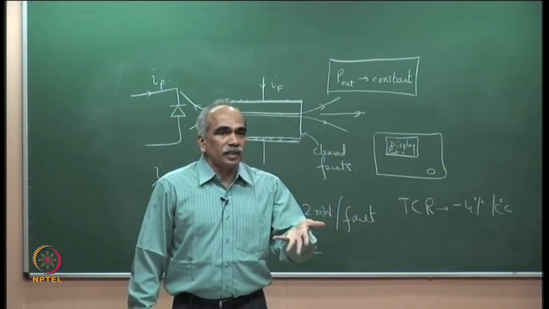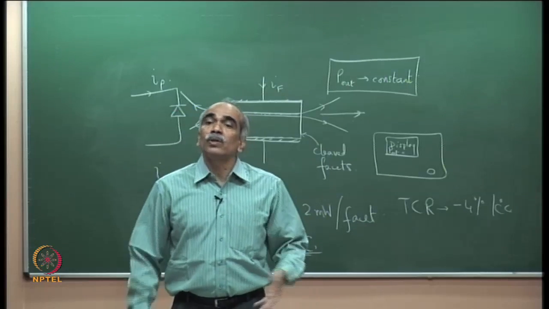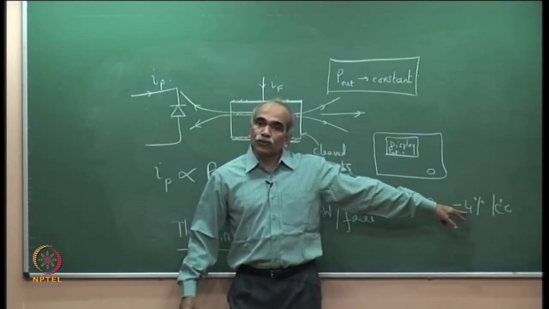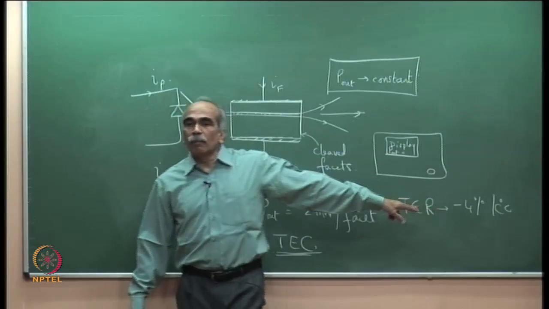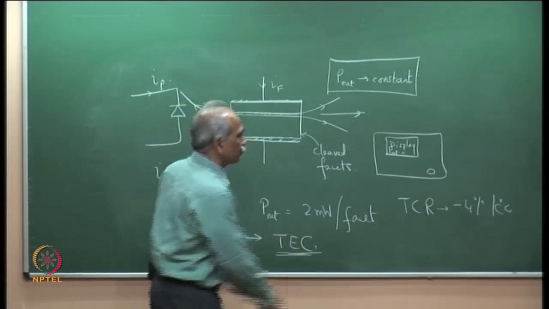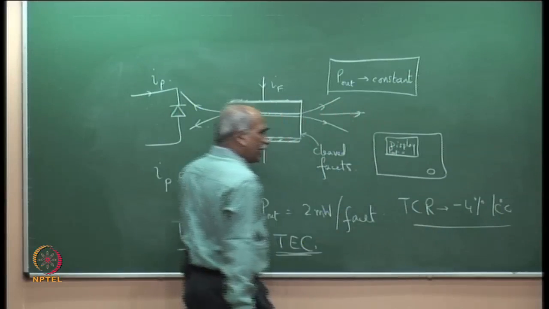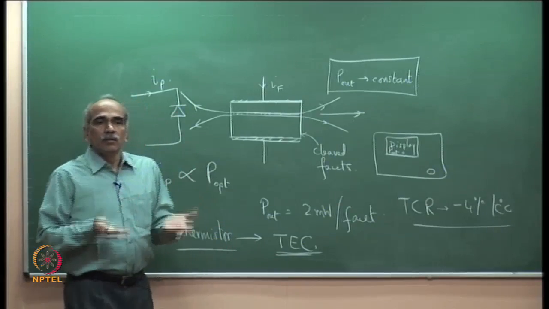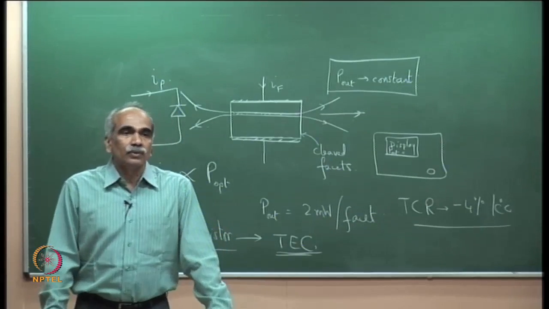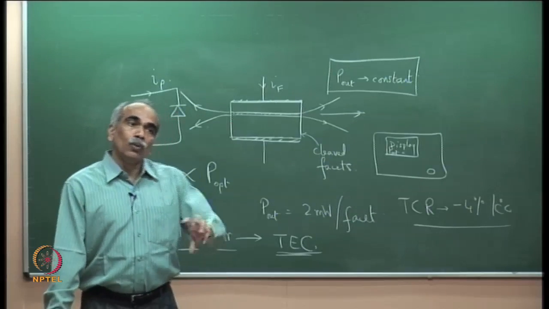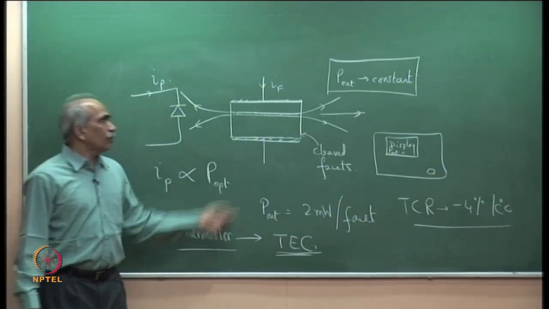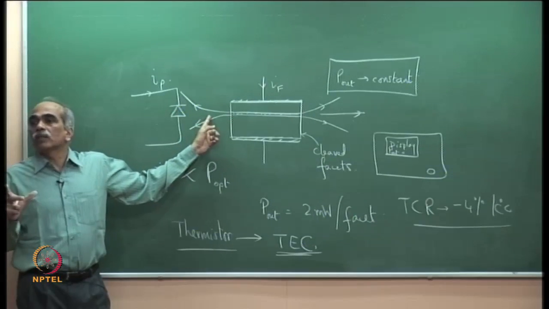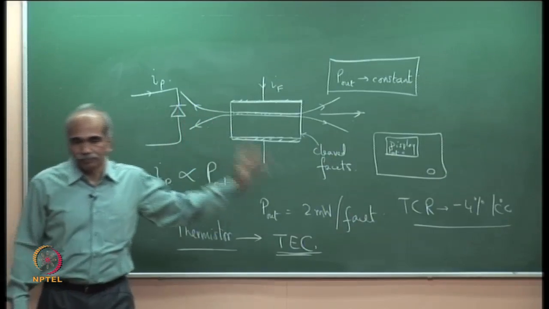If you increase the temperature, the resistance drops because more number of carriers are generated, thermally generated carriers, and therefore resistance drops. That is why you see here a minus, -4%. So, that controls the current which goes to the TEC, and TEC can again pass more current and make it cooler, so that the temperature is maintained. So, both the thermistor and the monitor photodiode are to maintain constant temperature and constant power output of the device.